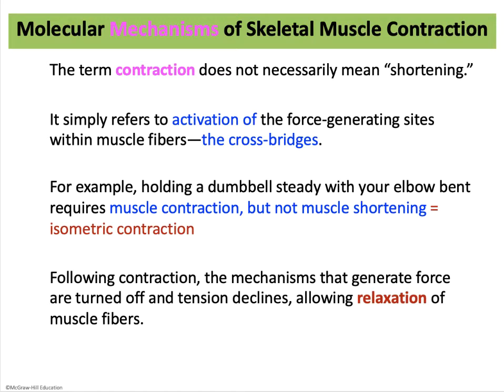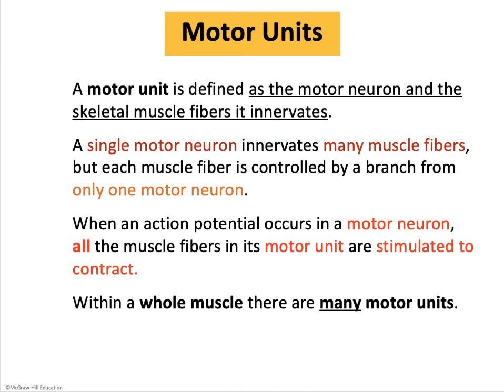For instance, somebody standing in the gym holding a dumbbell, which is akin to isometric exercise. Regardless, the muscle is still undergoing chemical changes in order to generate the force. Once the nerve impulses to the muscle are extinguished, turned off, the tension declines, and then the muscle is able to relax.